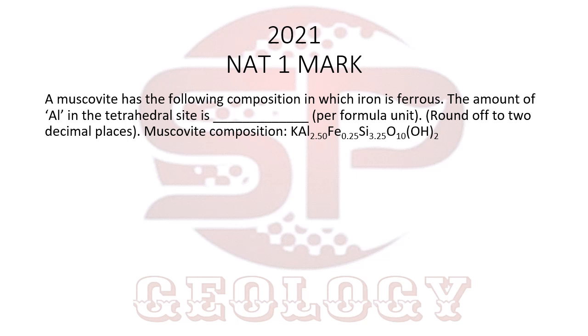The muscovite has the following composition, in which iron is ferrous, Fe2+. The amount of Al in the tetrahedral site is dash. We know the general formula of mica, that is X2Y4-6Z8O20(OH)4.